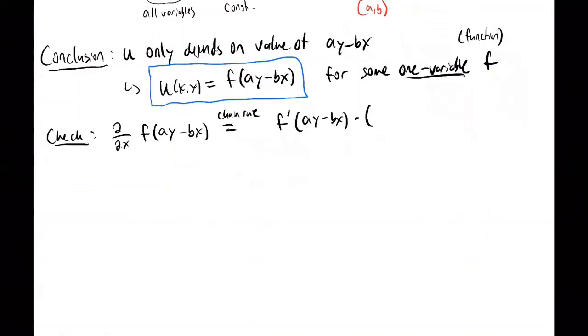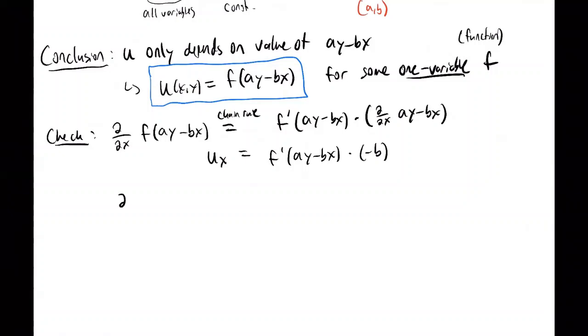And then I have to multiply this by the derivative with respect to x of the inside of the function, which is ay minus bx. And so I get f prime of ay minus bx times negative b, right? And so this shows that this is what u_x is equal to, the x derivative of u.